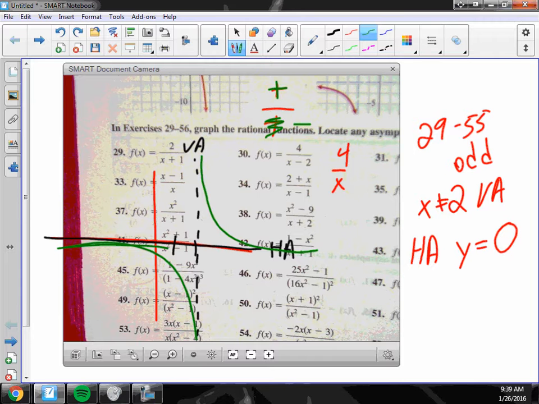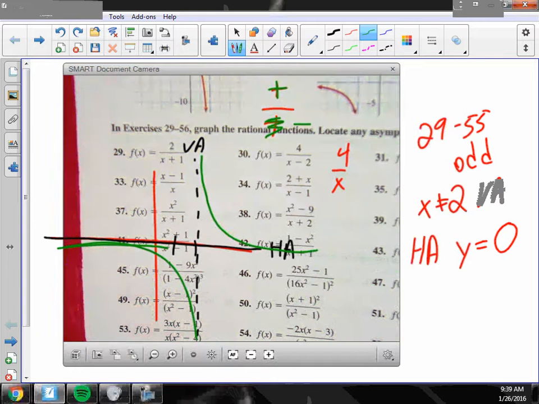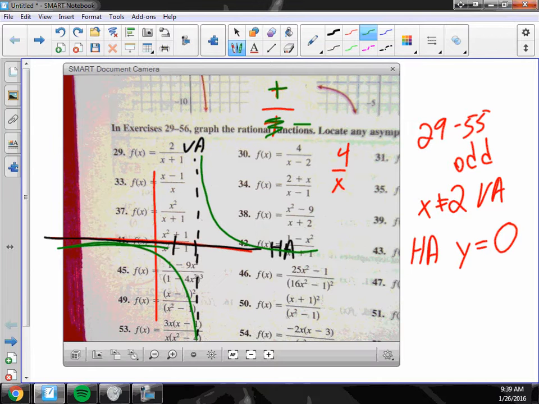Now, once I found one of them, I should have been able to figure out the other one. How did I know that if the right one was on top, the left one had to be on bottom? Yeah, it has something to do with the vertical asymptote.